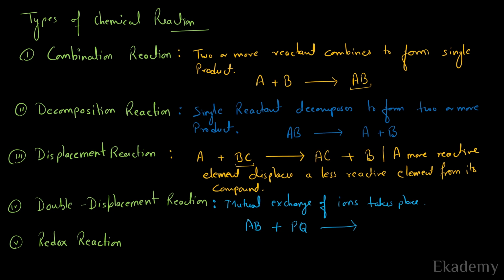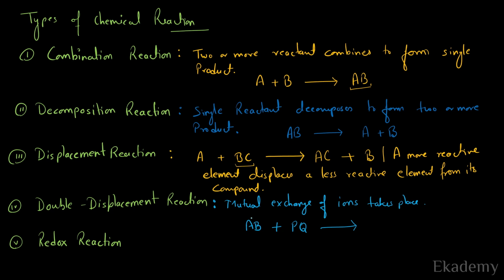So these positive ions gets exchanged, or we may also call it other way around, that negative ions are exchanging their places, or positive ions they are exchanging their places, and hence mutual exchange of ion is taking place here.